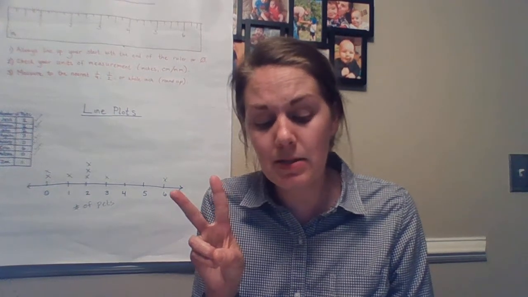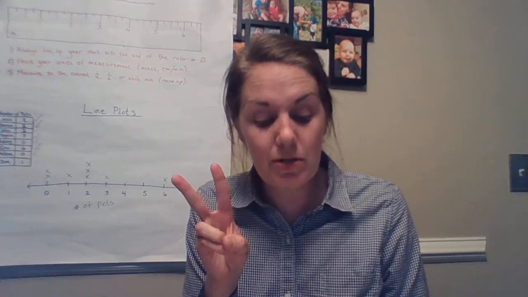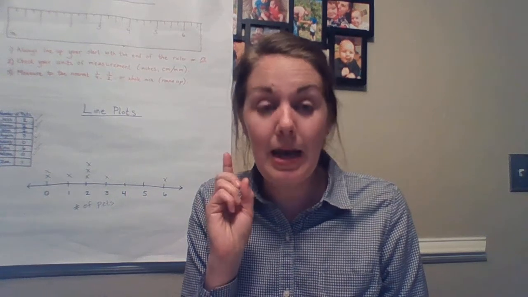So that tells me that I'm going to have 2 X's above the 6 1/4 mark. I'm going to have 3 X's above the 6 1/2 mark, 2 X's for the 5 3/4 mark, and 1 X for the 6 3/4 mark.